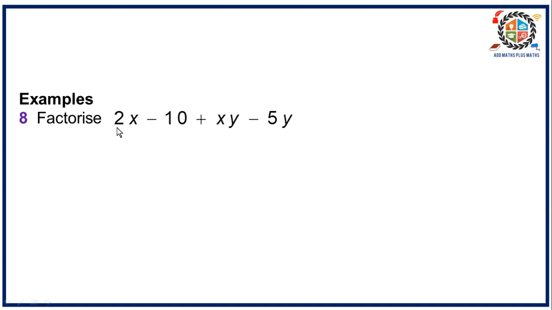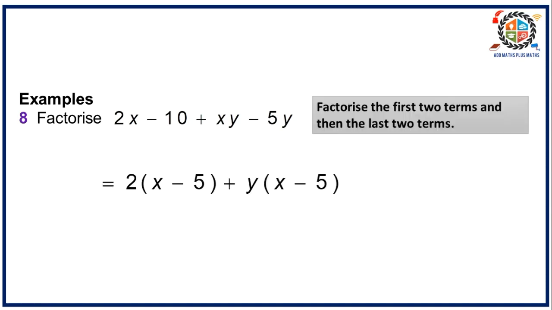For example here, 2x minus 10, I can do common monomial factor and bring out 2. Also here I can do common monomial factor xy minus 5y. I will bring out y as a common monomial factor. So if I factorize that, it will become 2 times the quantity of x minus 5.